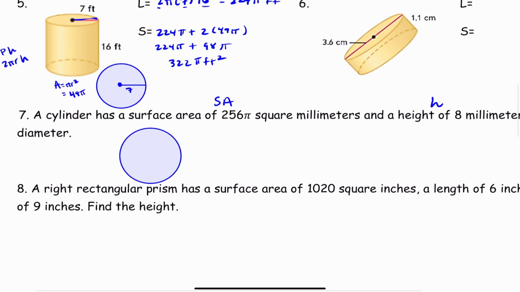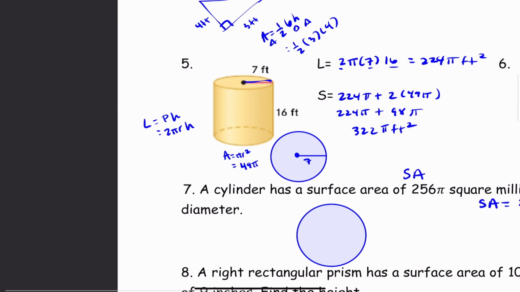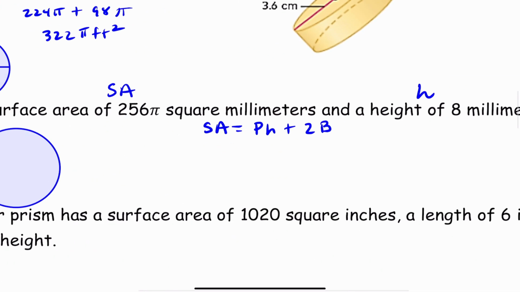So a cylinder's surface area is going to equal the perimeter times the height plus the 2 area of bases. The perimeter of a circle is, once again, 2 pi r. So I can say 256 pi, because the surface area is already given from the problem.